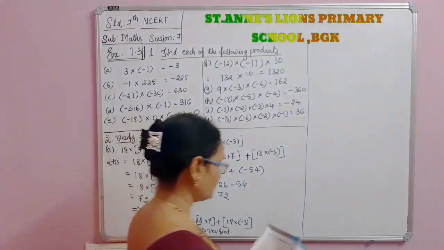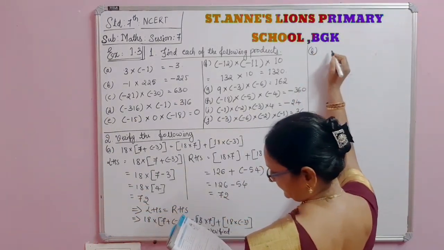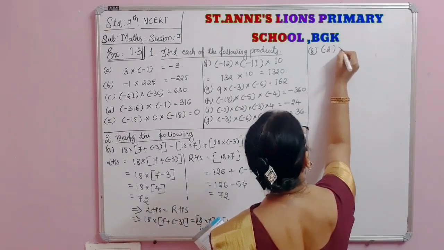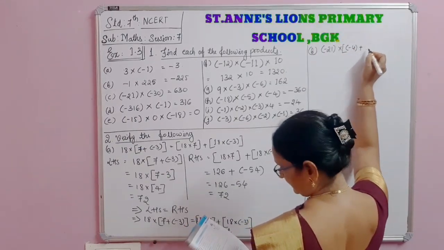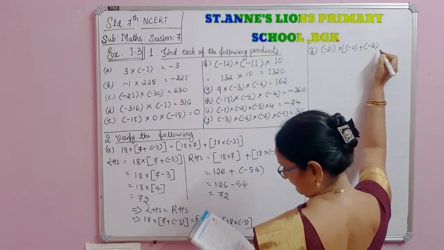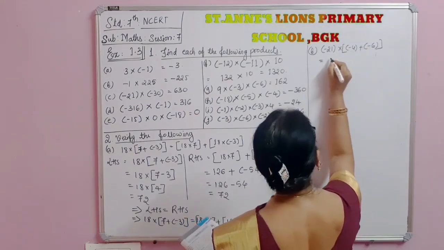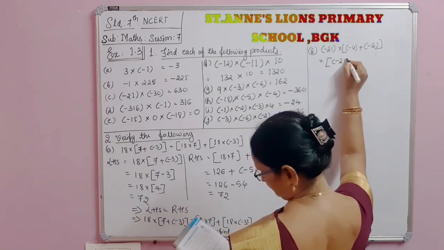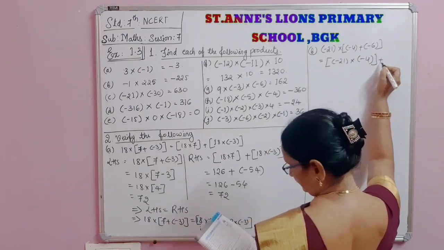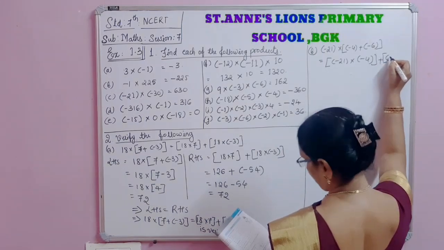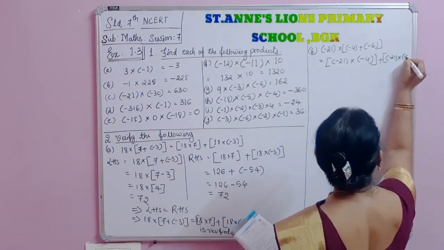The next is verification, that is, this is A and the next one is B. Minus 21 into bracket minus 4 plus minus 6 bracket complete is equal to, in the bracket, minus 21 into minus 4 bracket complete plus minus 21 into minus 6.